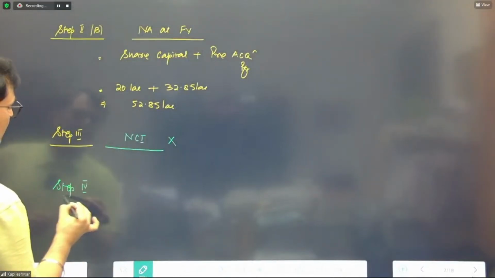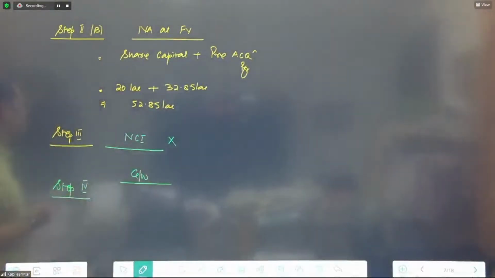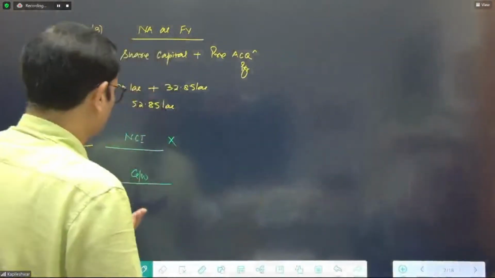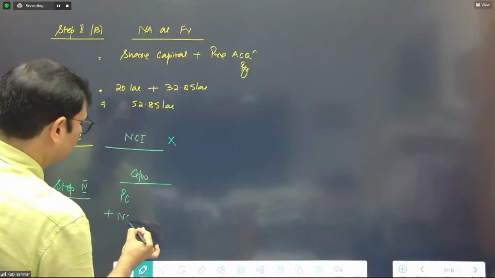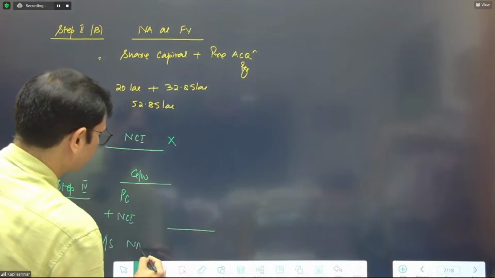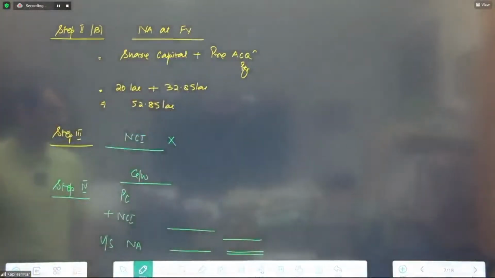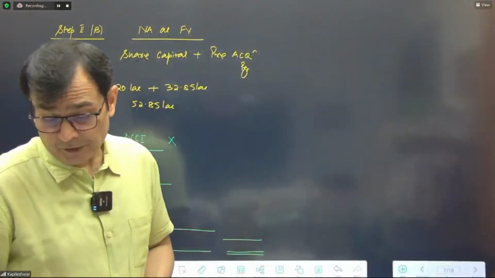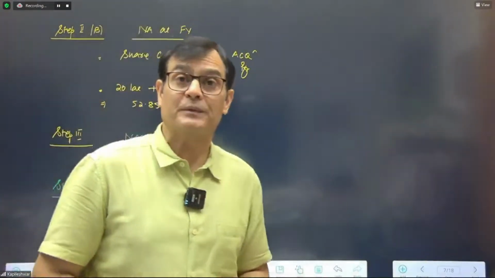In step number 4, we need to calculate the goodwill or the bargain purchase gain. Similar to the earlier calculations, you have to consider the purchase consideration plus the NCI, and compare this with the net assets, and you get the amount of goodwill or the capital reserve. Now, as far as the purchase consideration is concerned, you are given the purchase consideration as investment.